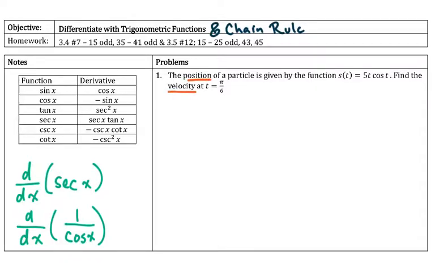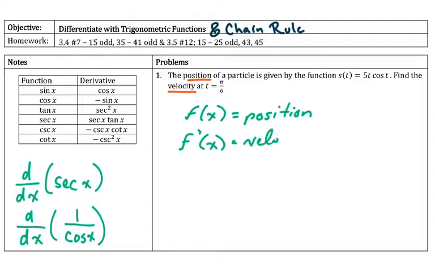What you maybe remember from last year is that if you have a function f of x equal to the position, then the first derivative is equal to its velocity at that time. So whatever position it is at x, its velocity would be f prime.